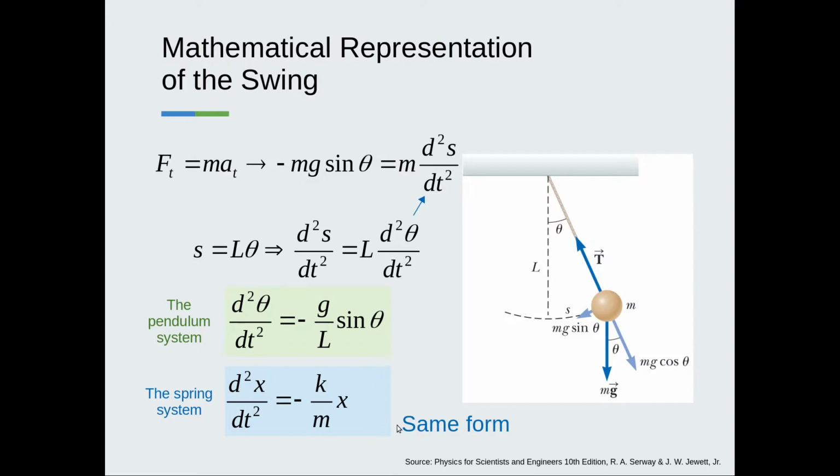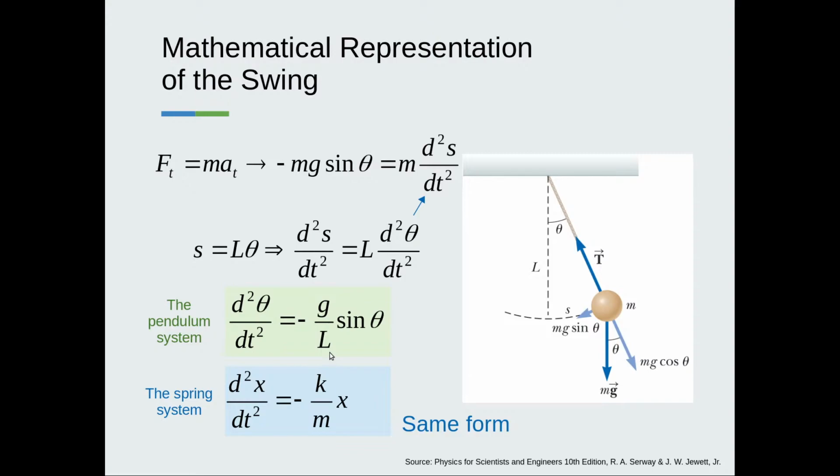You can do a comparison. This is the pendulum system, and this is the spring system. One of them is in the polar coordinate system, and the other is in the Cartesian coordinate system. But if you look at the structure of the mathematical equations, you can see that they are in the same form.